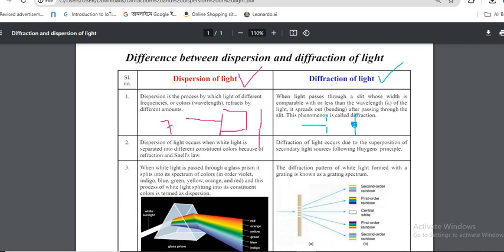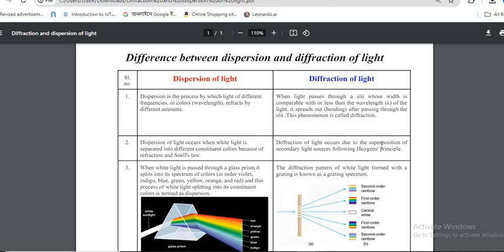Now what happens in case of dispersion? Dispersion of light occurs when light is separated into different constituent colors because of refraction. For example, if you have a medium, light falls through this. Due to Snell's law, due to refraction, they are separated. And remember, the amount of refraction is different for different colors.